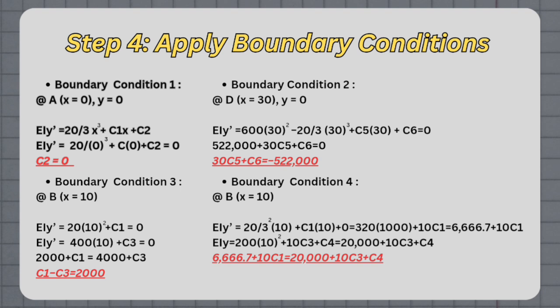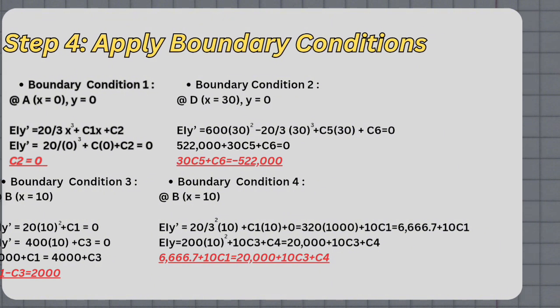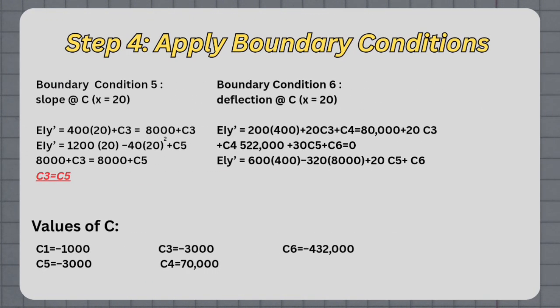And next is boundary condition number 4. At B, also x is equal to 10, and that will give us 6,666.7 plus C1 equals 20,000 plus 10 C3 plus C4. On our boundary condition 5, slope at C, x is equal to 20.